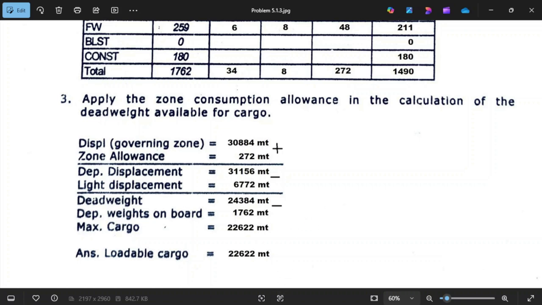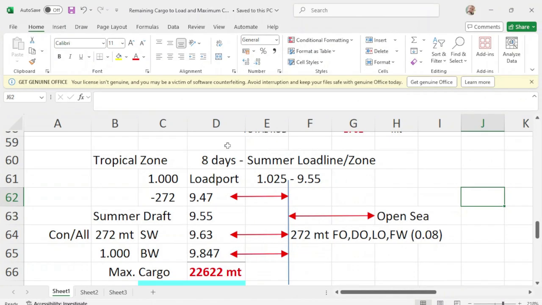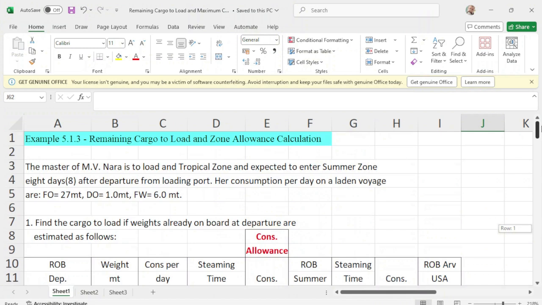Anyway, I made this here on my own. This is the same question.